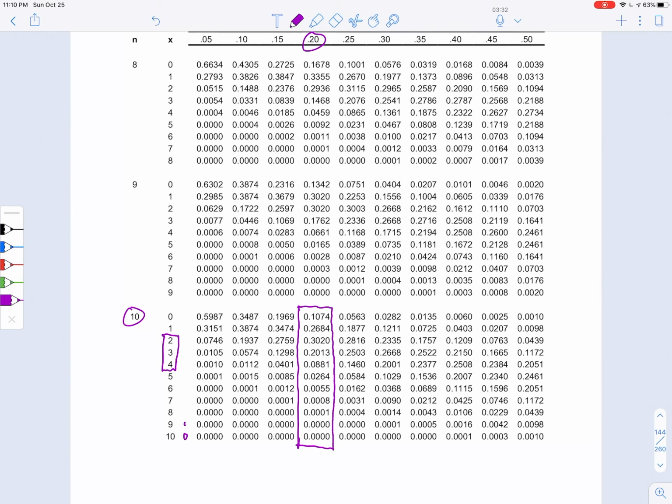Because that was equivalent to, originally, there were 0, 1, 2, 3, 4, 5, 6, 7, 8, 9, and 10. So 6, 7, and 8 for a p of 0.8 is equivalent to 2, 3, and 4 for a p of 0.2. So we're going to take a look at these three right here.